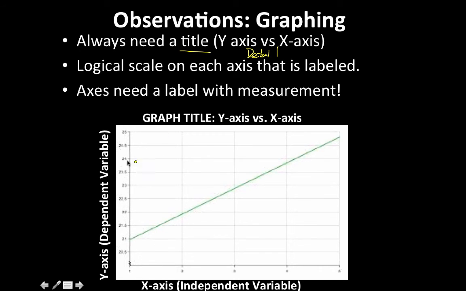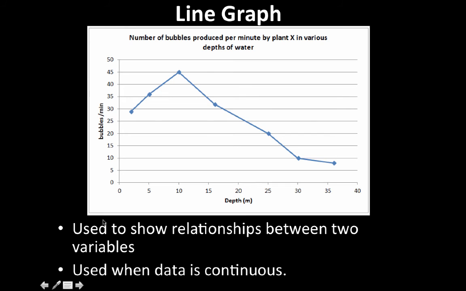Logical scale, that's labeled, and the axes need a label with a measurement. So x-axis, say what it is, and then whatever the unit is that you measured here. So we need the unit, right? The unit needs to be here and here. So keep that in mind as you're graphing.